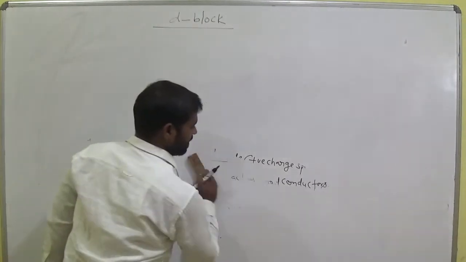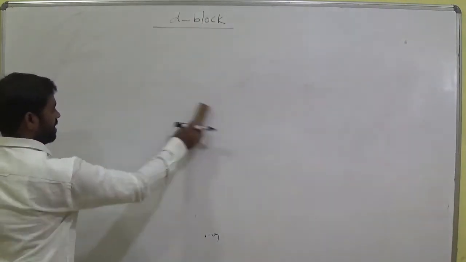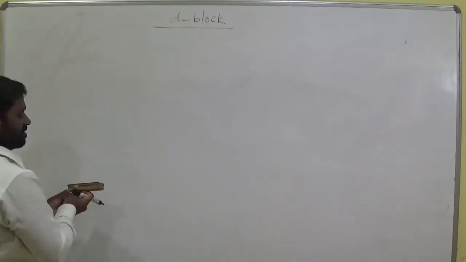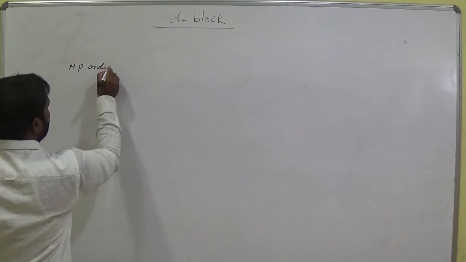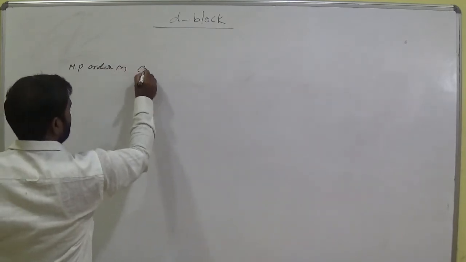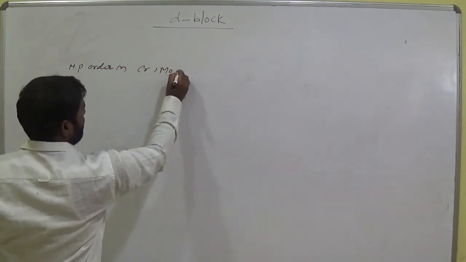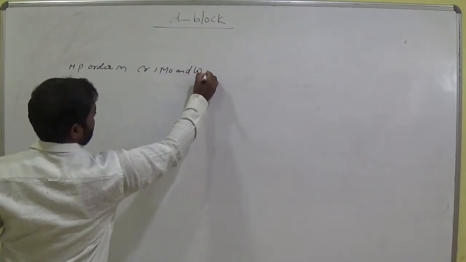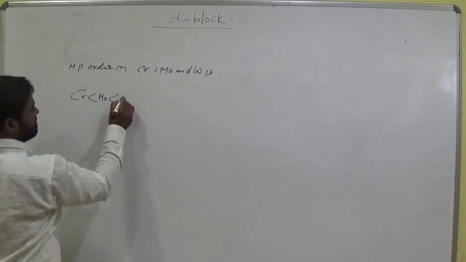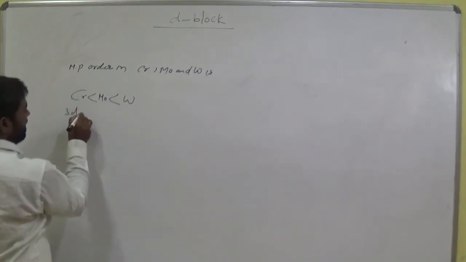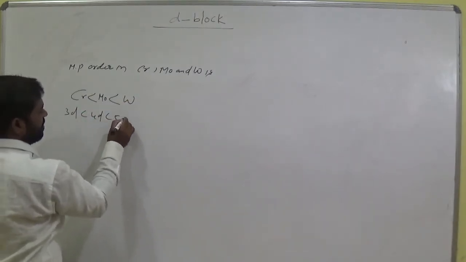So this is about melting point. The melting point order in chromium, molybdenum and tungsten is chromium is less than molybdenum, which is less than tungsten. This is 3D less than 4D less than 5D.